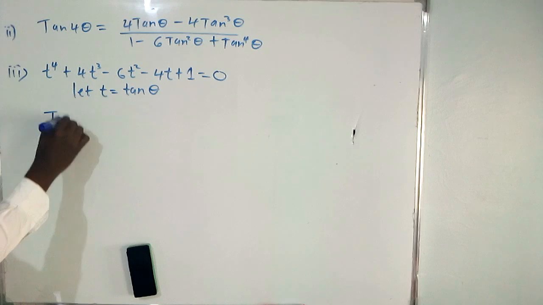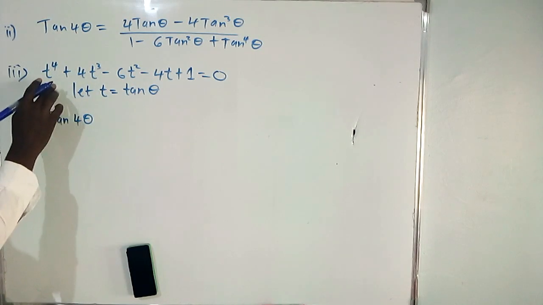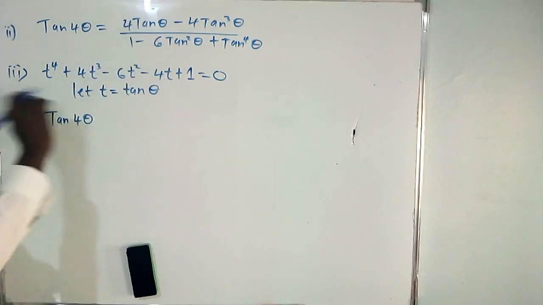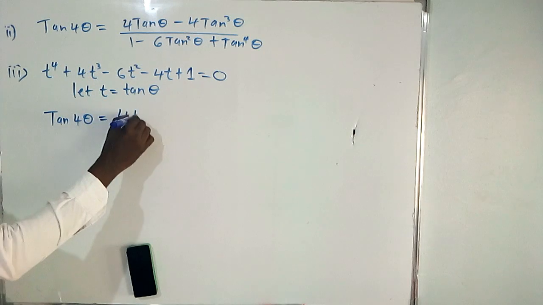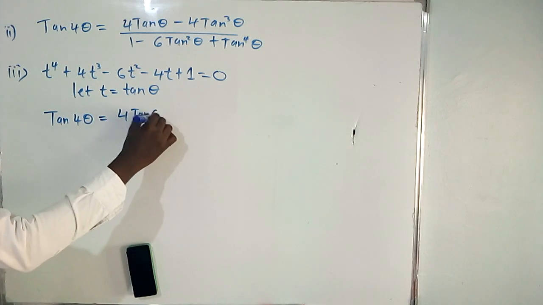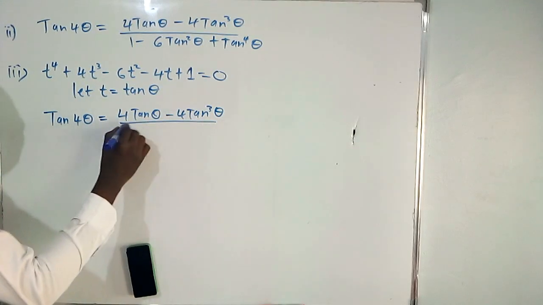So on the left hand side of the equation where we have 4 tan theta minus 4 tan cube theta all over 1 minus 6 tan square theta plus tan raised to power 4 theta will be what? Where there is tan theta you put t, isn't it? Are we together?